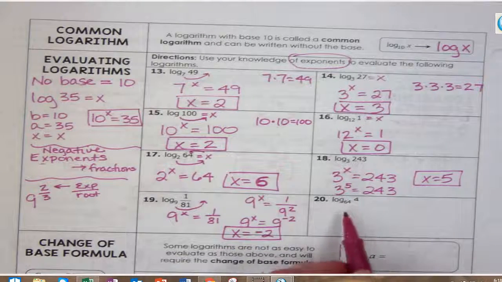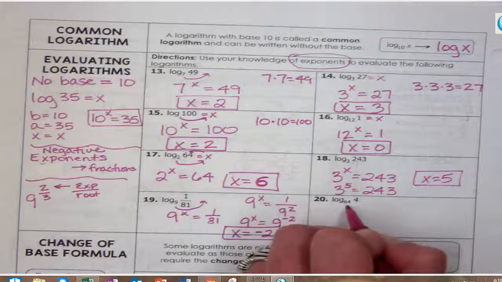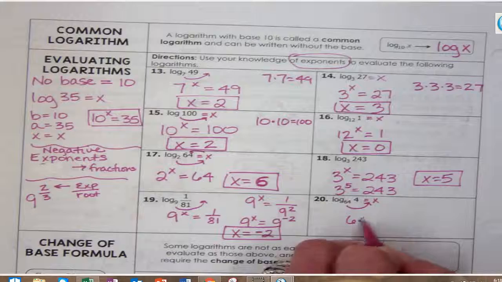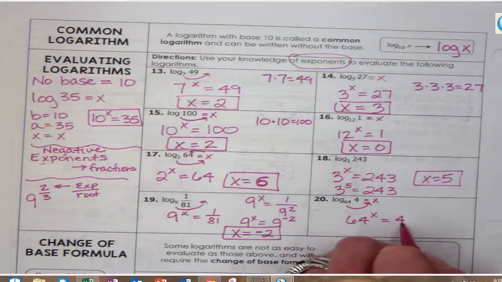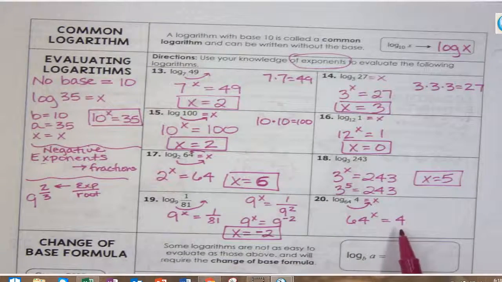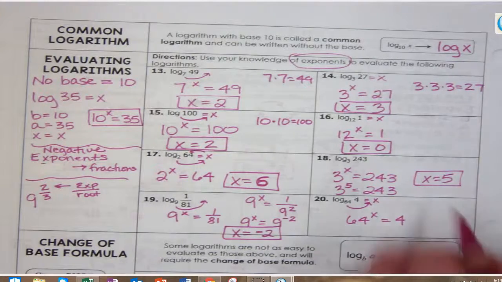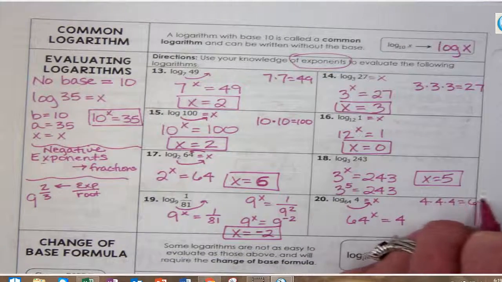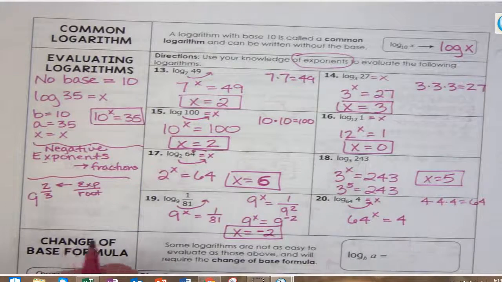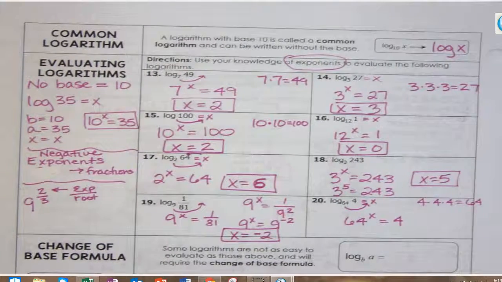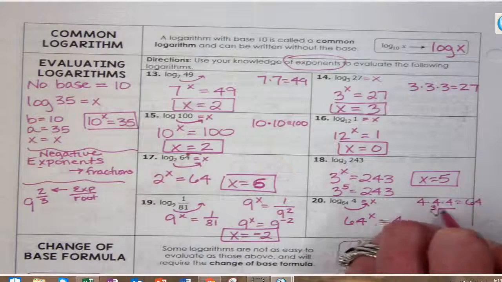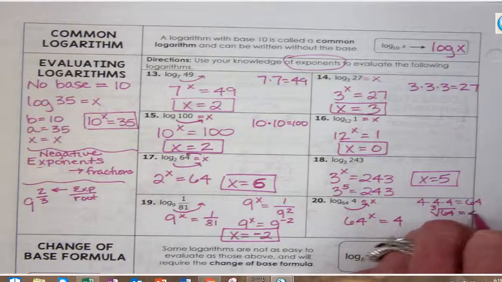Okay? Now, so here we've got 64 raised to the x power equals 4. Well, how do I go from 64 to 4? Well, I know that 4 times 4 times 4 equals 64. So since I know 4 times 4 times 4 equals 64, then that must mean that the cube root of 64 equals 4.